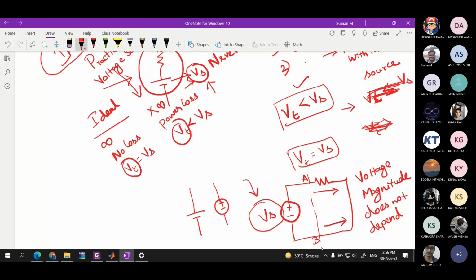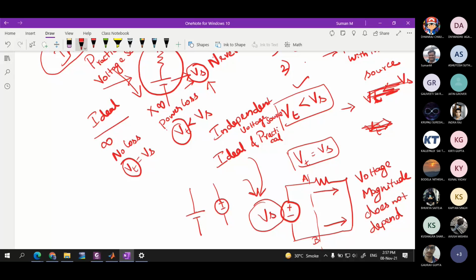It is also suitable for the practical voltage source. So there are two conditions only, one is ideal and the other is practical. For both, this Vs is not going to change. Both are independent voltage sources.